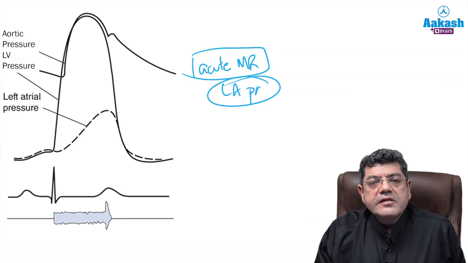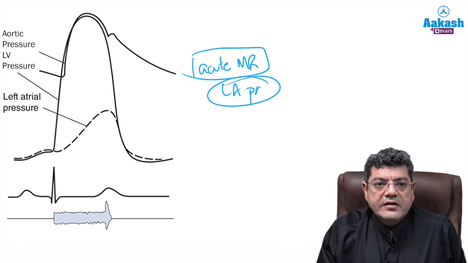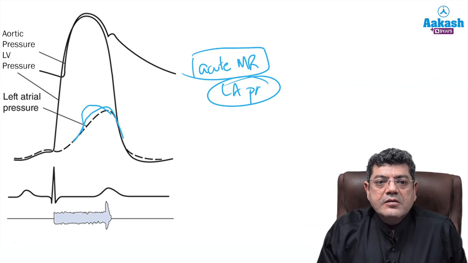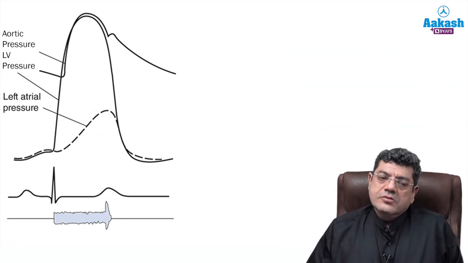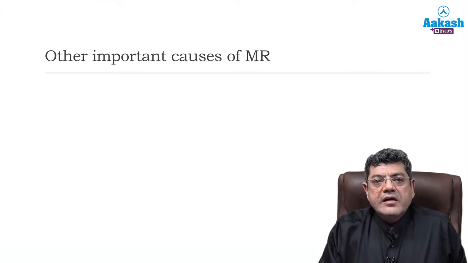And because of this, this peak will come earlier. If this peak comes earlier, the murmur tends to fade off during late systole. Correct? Understood? Okay, let's keep moving.